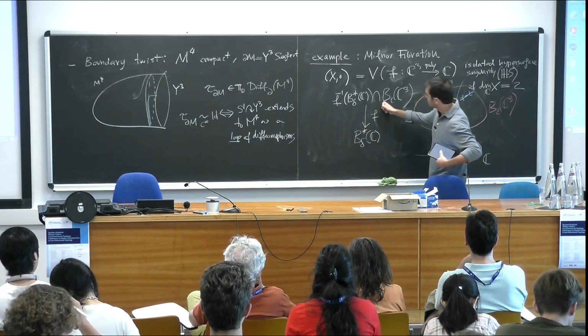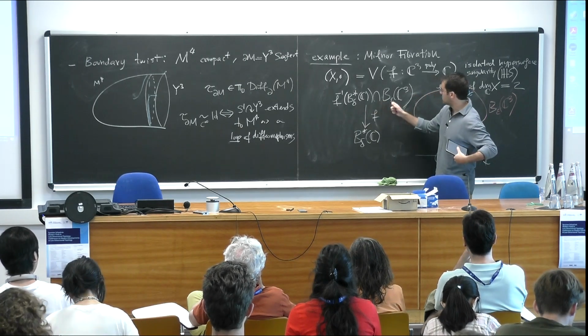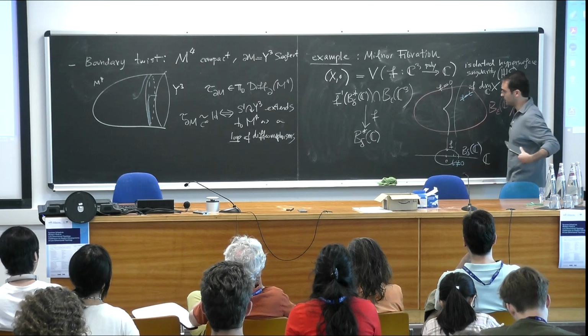And the total space is the preimage under f of that, intersected with the ball of radius epsilon.